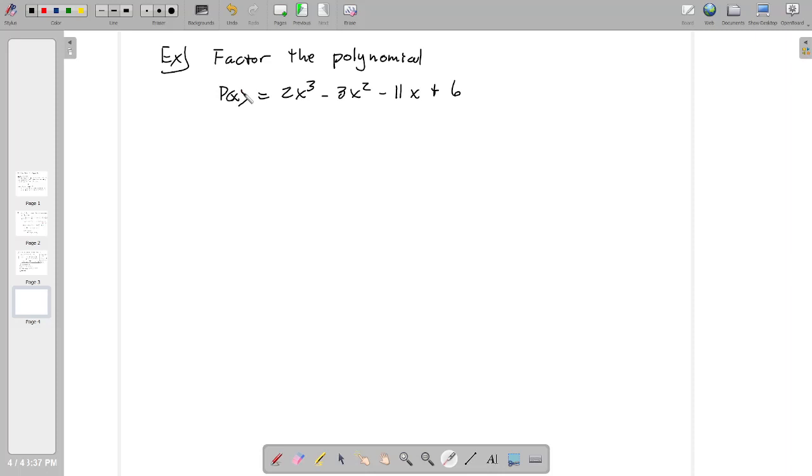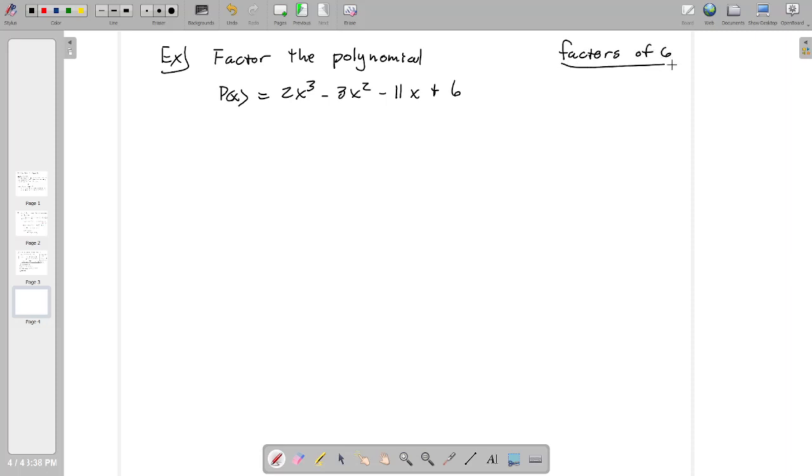Basically, I want to break it into its smallest polynomial factors. So start by listing all of the possible rational zeros that we can have. Remember, rational zeros are going to have the form p over q, where p is a factor of 6 and q is a factor of 2. So I need to know what the factors of 6 and 2 are.